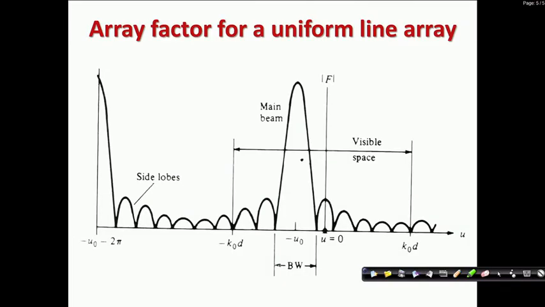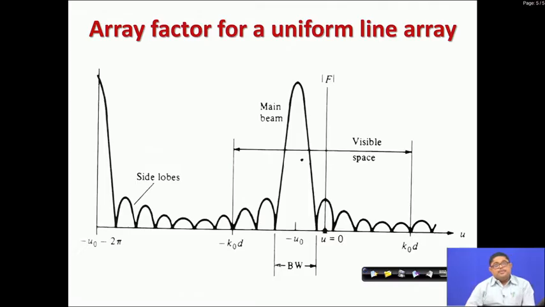If you go on increasing the length of the array, your main beam will be much narrower, that means your beam width will be decreasing, but the side lobe you cannot put down more.